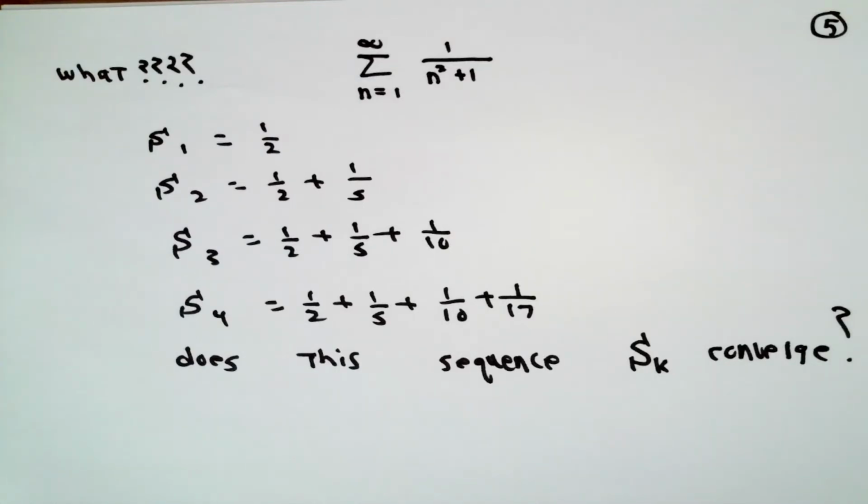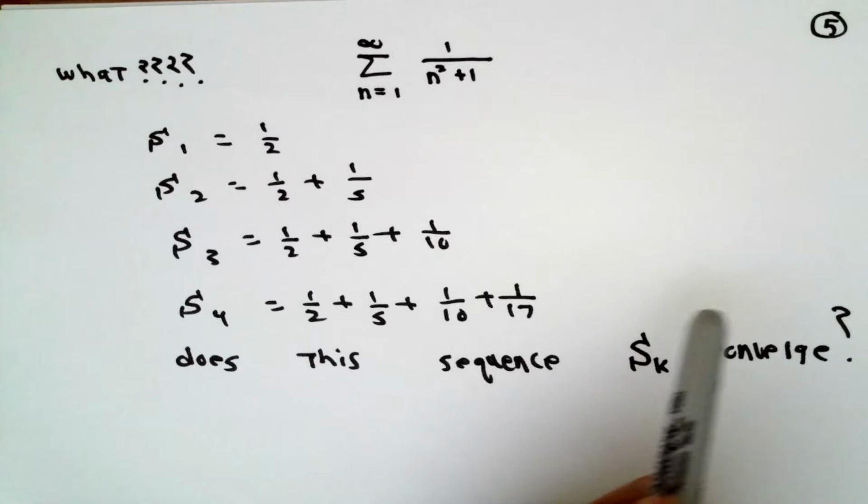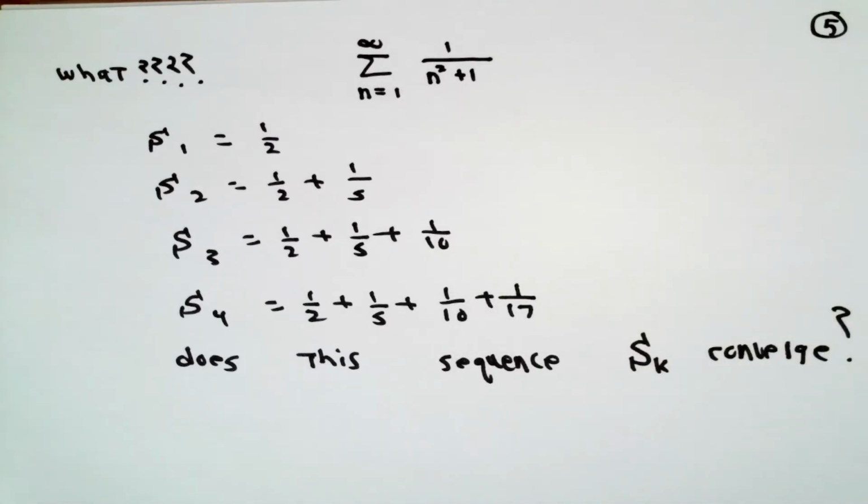S number 3 will have 1 over 3 squared plus 1, 1/10, and so on and so forth. What I'd like to think about is whether this collection of partial sums, what I get as I continue adding more terms on, do these partial sums approach a certain number or not? We'll use the integral test to decide this.